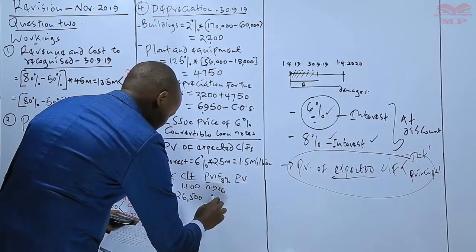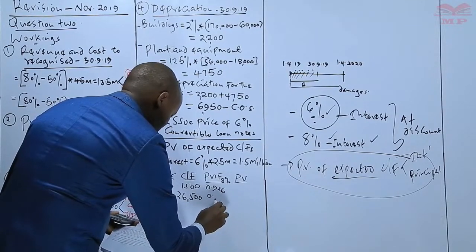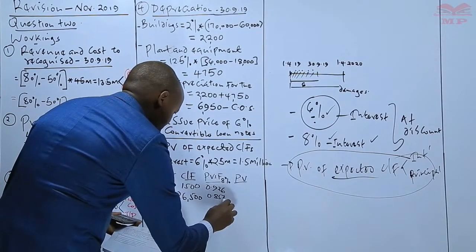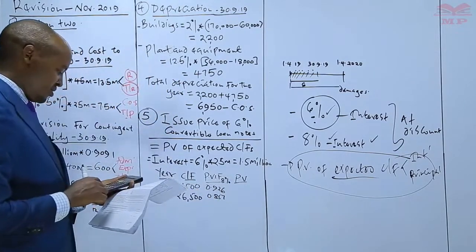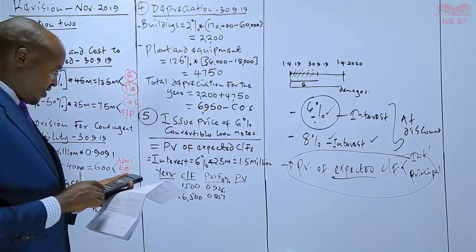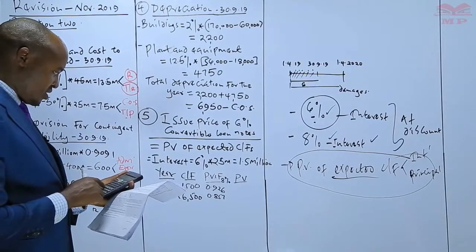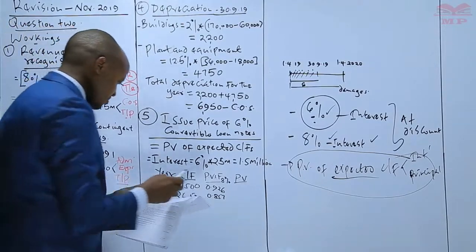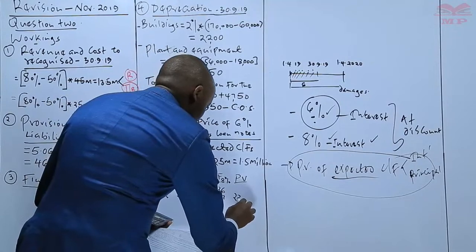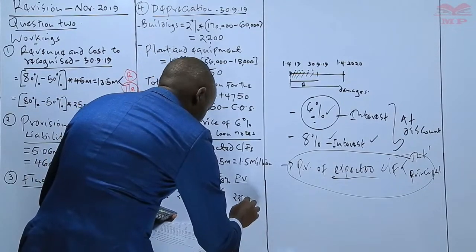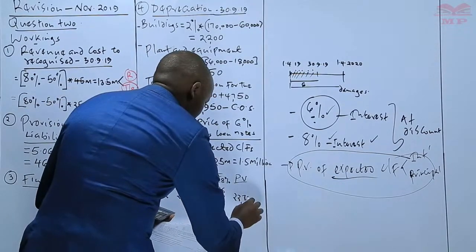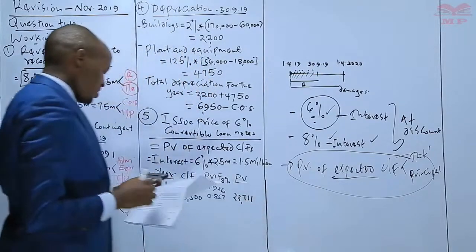So we have 0.926 for year 1, then for year 2, 0.857. So we multiply these figures. We have 26,500 times 0.857. That will give us 22,710, or 711 to the nearest whole number.